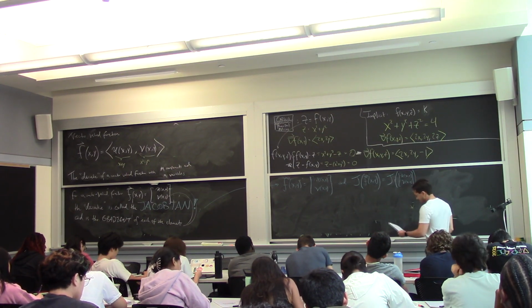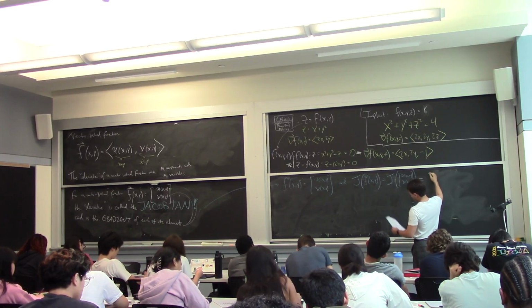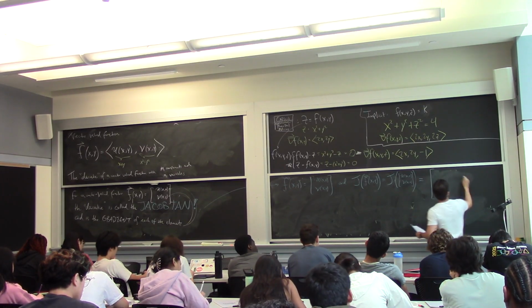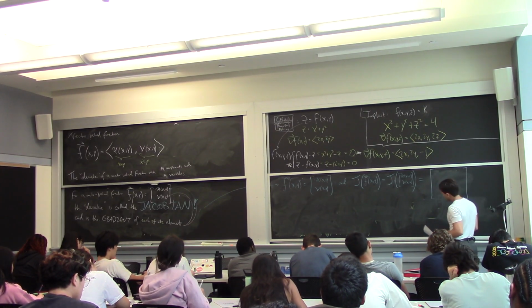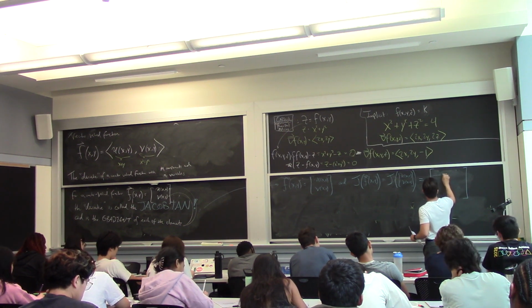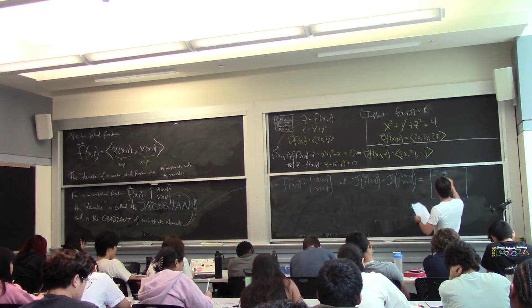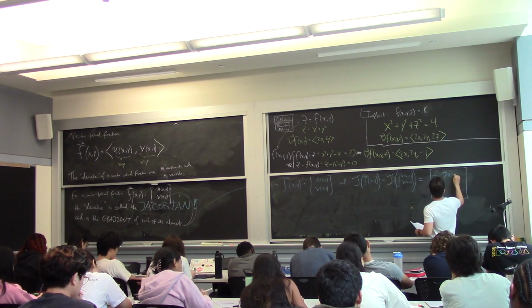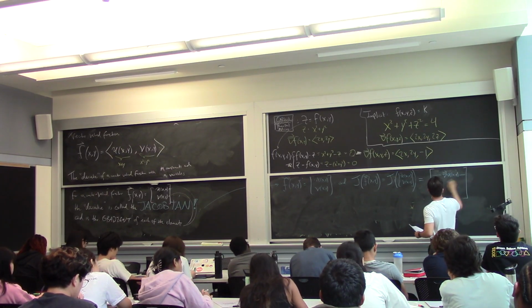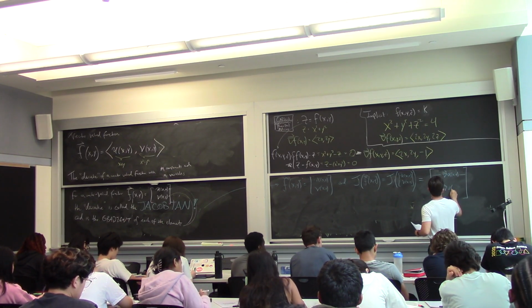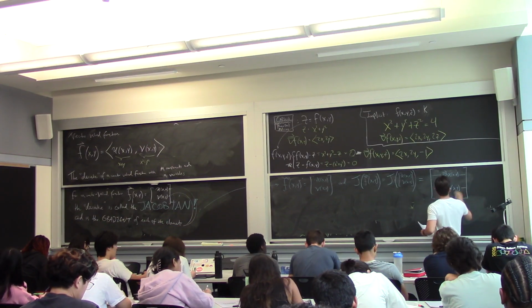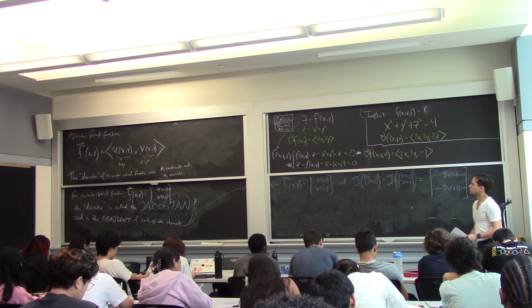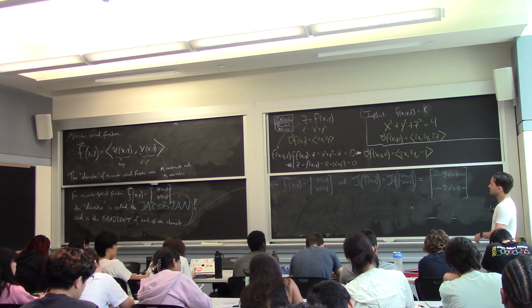And that is, brace yourself, a matrix whose rows are the gradients. So grad of u of x,y, grad of v of x,y. Does that make sense?